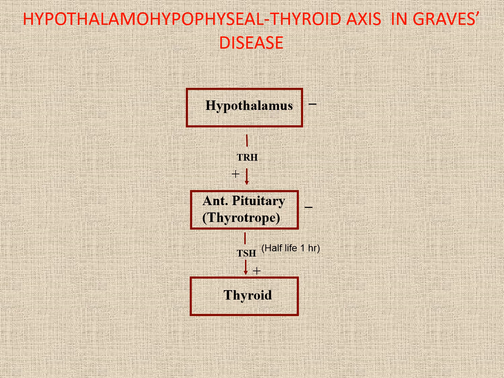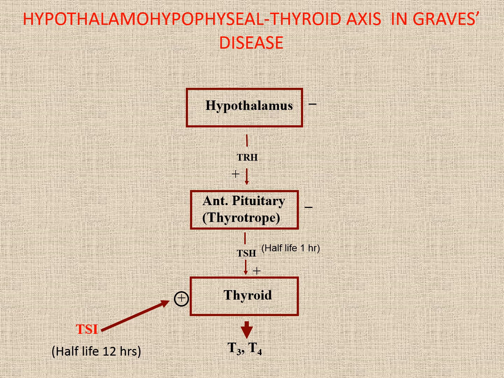It acts on the thyroid gland to release T3 and T4. Now this TSI, thyroid stimulating immunoglobulin, stimulates the thyroid gland and its half life is 12 hours.